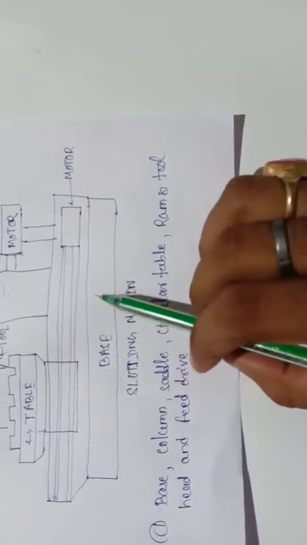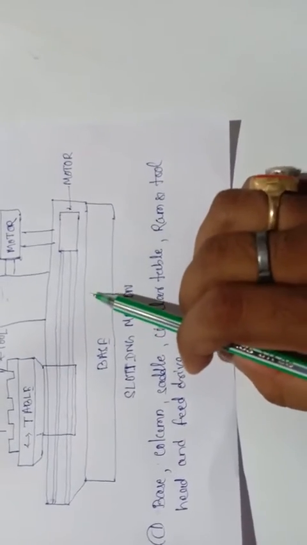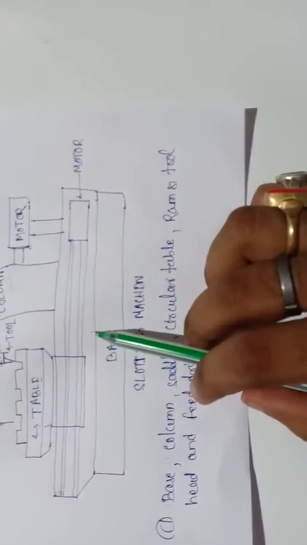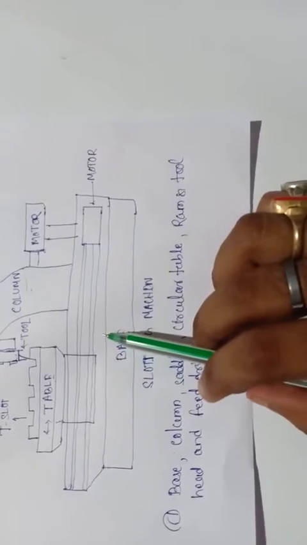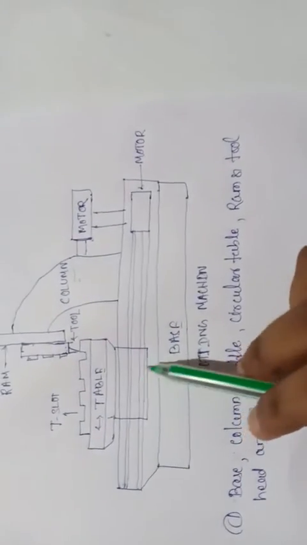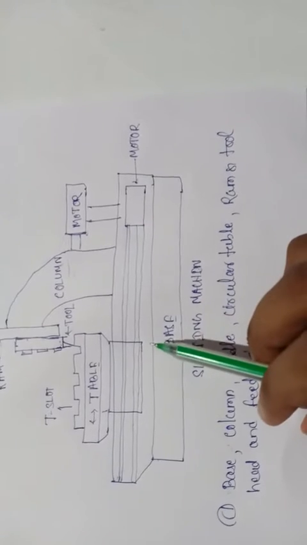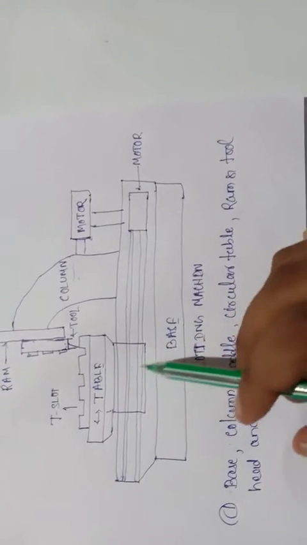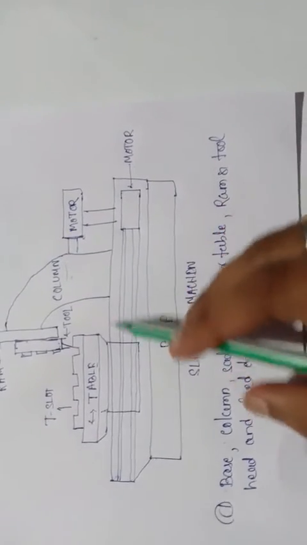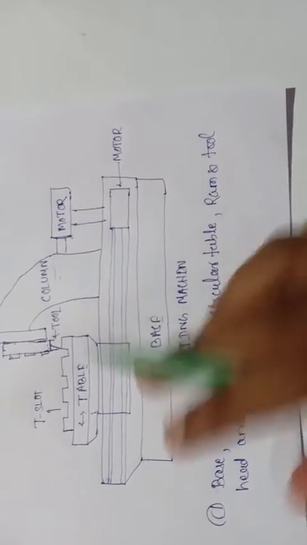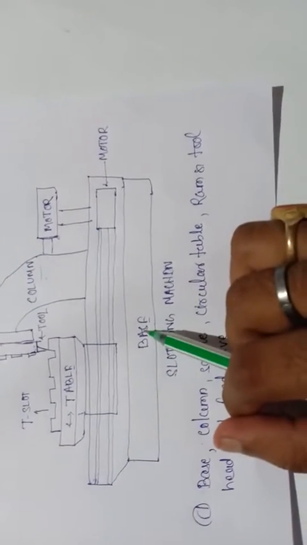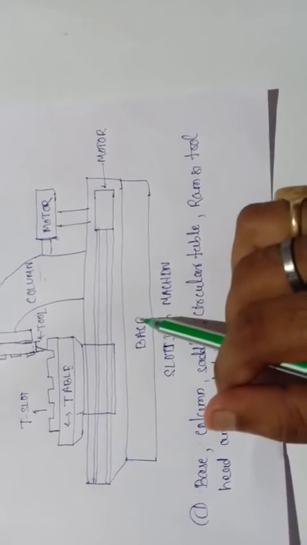It has to take all the load, including dynamic and impact load while operating. The guide ways, perpendicular to the column face, should be accurately finished to move the saddle easily and accurately. The base is generally made of cast iron.